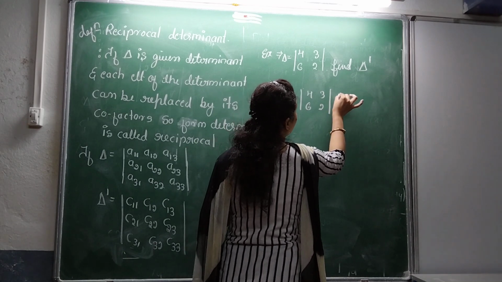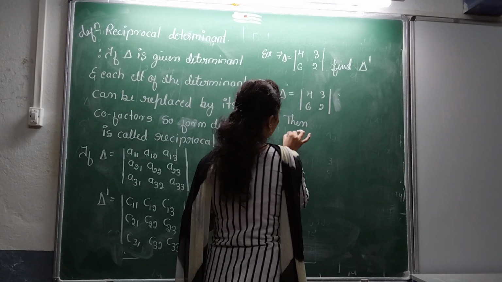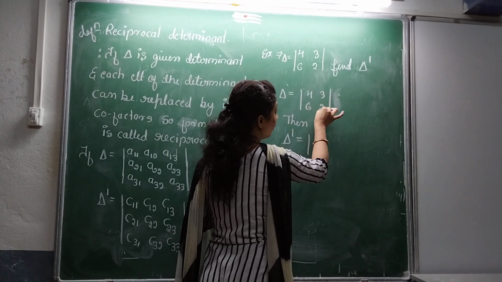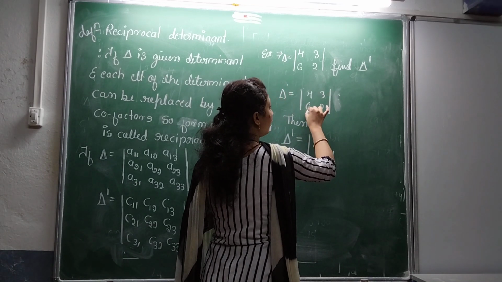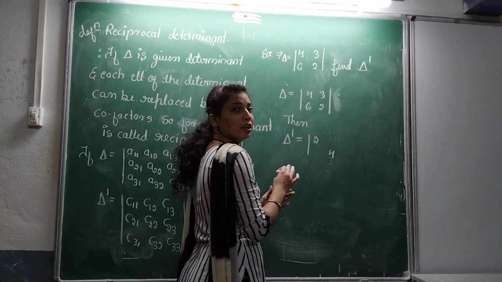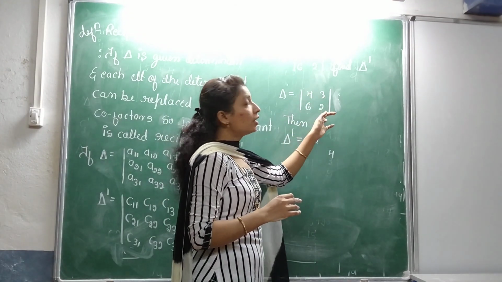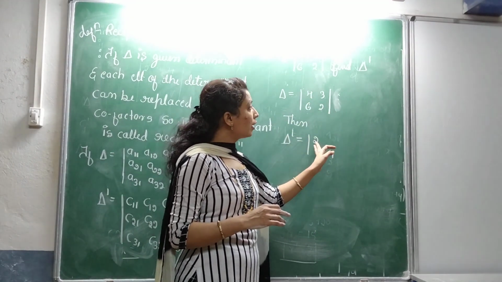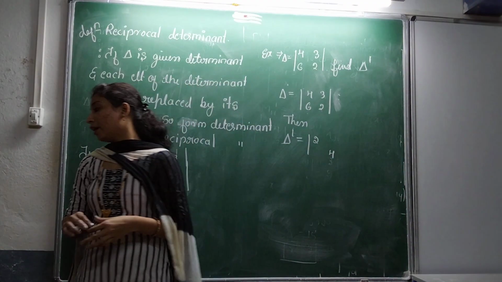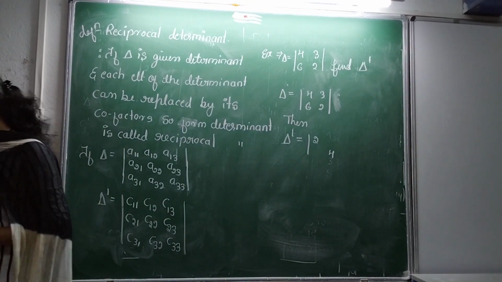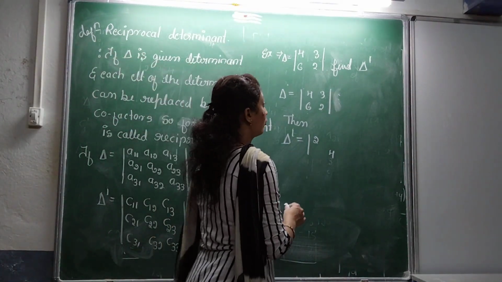Then delta dash is equal to, here 4, 2 can be written as 2, 4, and 6 and 3 can be written by exchanging the place of 3 and 6. Exchanging the places of 2 and 4, it becomes 2 and 4. Similarly, we exchange the places of 3 and 6 with the proper sign.